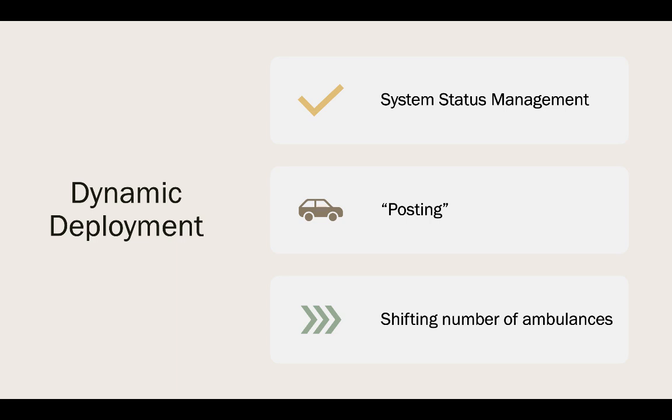So your ambulance will be posted somewhere, and when a call comes in, the dispatch software will identify which posted ambulance is actually closest to that call and can get there the quickest. So it's kind of a fluid response zone and not quite as fixed as our static deployment.